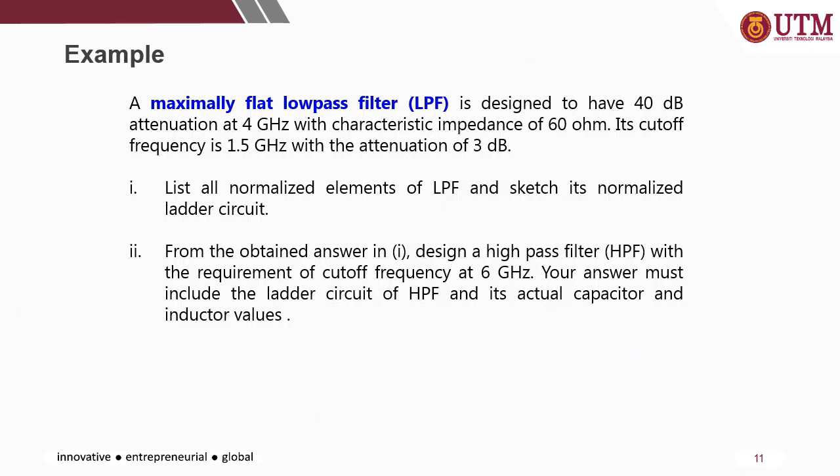Okay, let's look at an example. A maximally flat low pass filter, so obviously this is Butterworth. The low pass filter is designed to have 40 dB attenuation at a stop band frequency of 4 GHz.